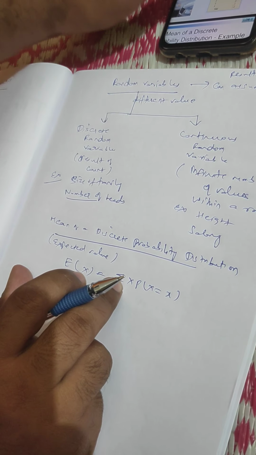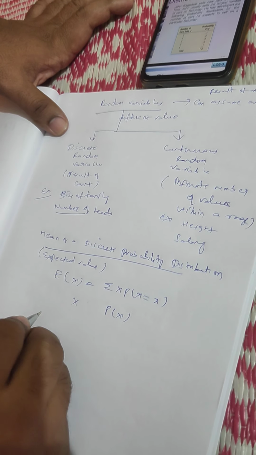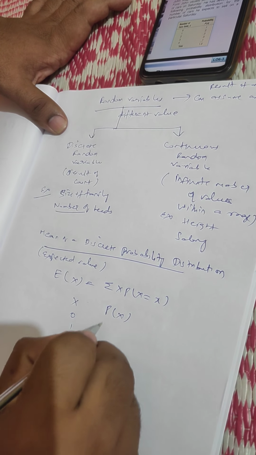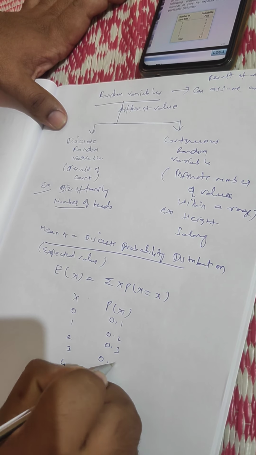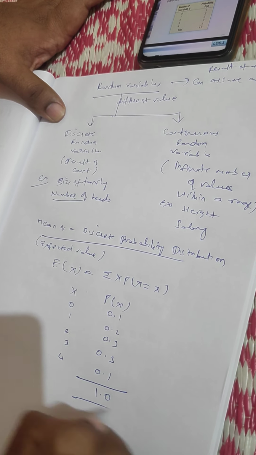Like if it's a probability distribution like this, x values are given and p of x is given. x is 0, 1, 2, 3, 4. p of x is 0.1, 0.2, 0.3, 0.3, next 0.1. Total probability, if you add, will be 1.